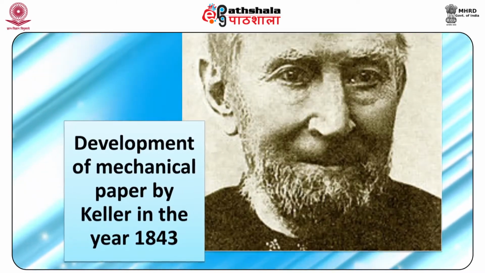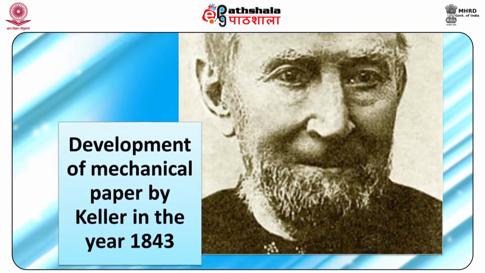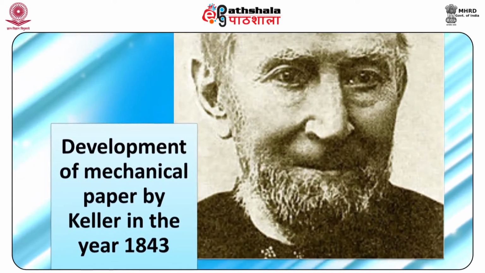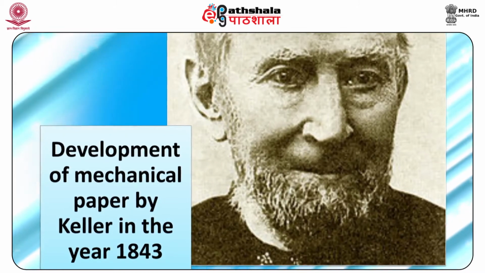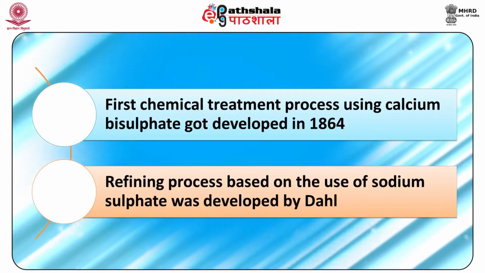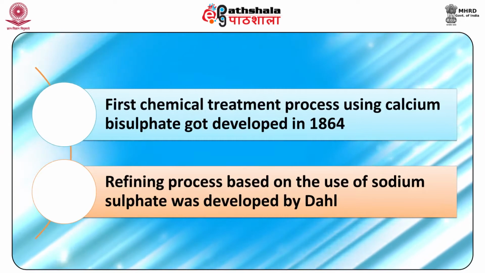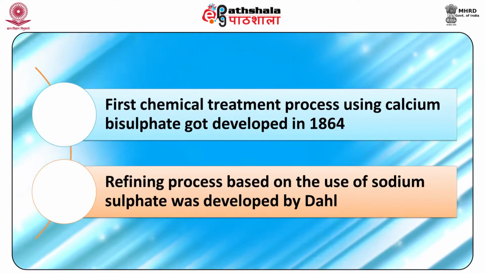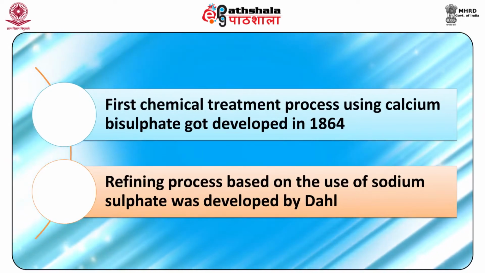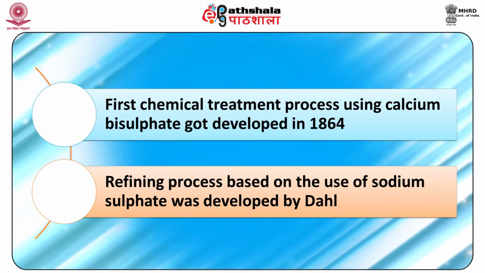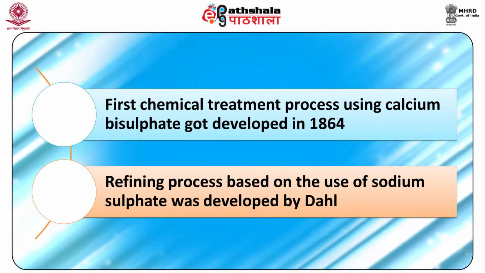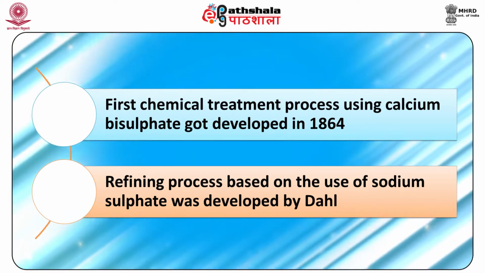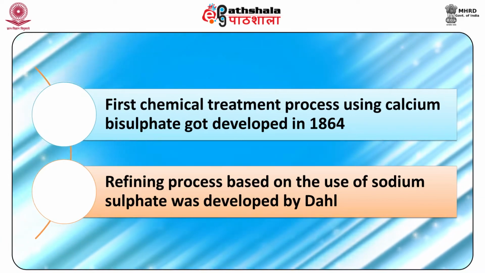The development of mechanical paper by Keller in the year 1843 has made paper production easier. The first chemical treatment process using calcium bisulfate was developed in 1864. In 1884, a refining process based on the use of sodium sulfate was developed by Dahl.